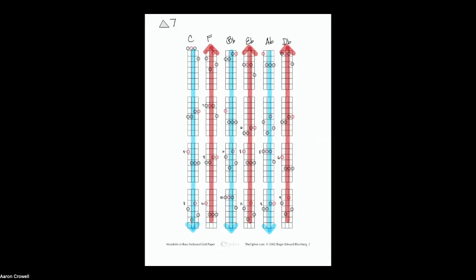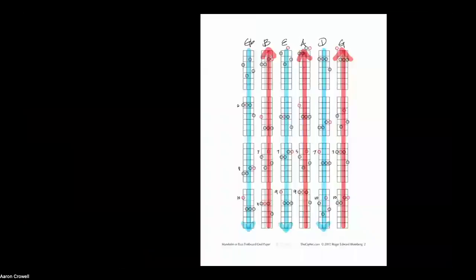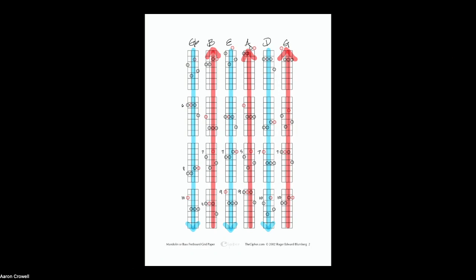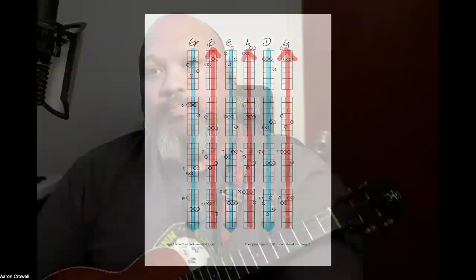And this is all major 7, going up in B flat, descending in E flat, ascending in A flat, D flat. Then we had G flat, then B, E, A, D, and G. And of course that G descending would bring us back to where we started at C ascending.